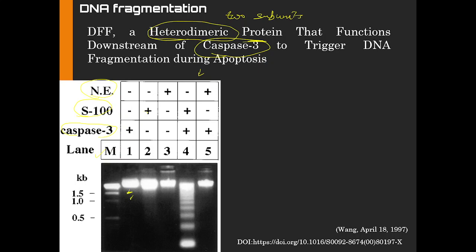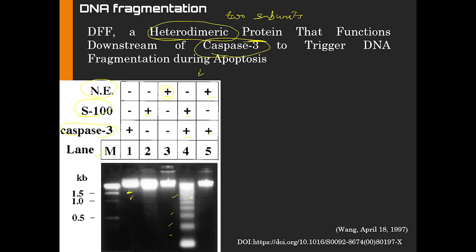When they incubated it with the HeLa S100 cell nuclear extract, there is not much fragmentation. Similarly, when they used a normal extract, the plus sign indicates that they added it into the reaction, there is no fragmentation. When they used the S100 and caspase 3, you can see that there is a fragmentation. And when they use the normal extract and caspase 3, they are not finding any DNA fragmentation.